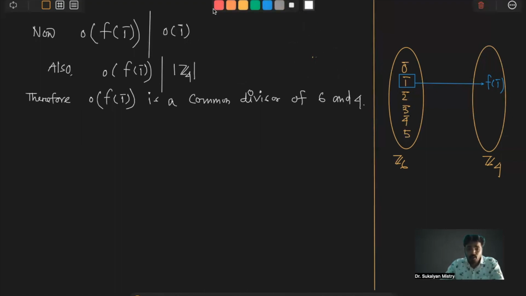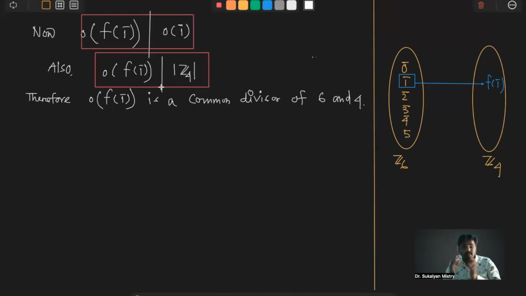Just two properties are enough to solve the problem. This is the first property and this is the second. Order of F1 bar is a subgroup of G dash. Sorry, F(G) is a subgroup of G dash. So by Lagrange theorem, order of F(G) must divide order of G dash.